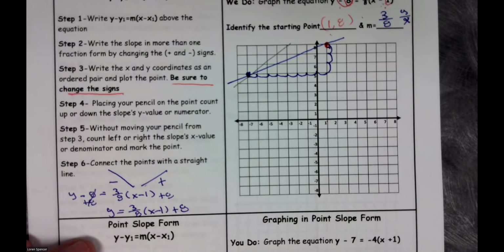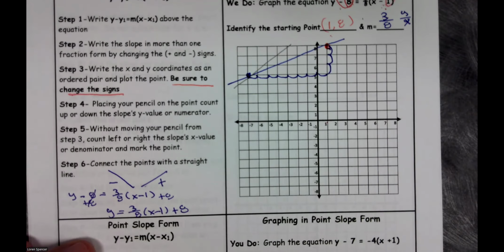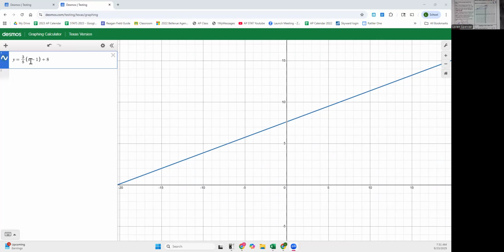So let's switch over. And I already typed it in, y equals 3/8 x minus 1 plus 8. Hopefully we're looking at it. So y equals 3/8 parentheses x minus 1 plus 8. And there we go. And there's our graph.